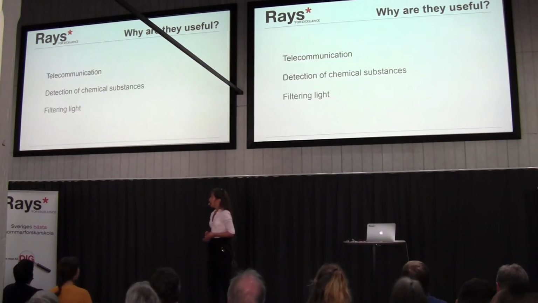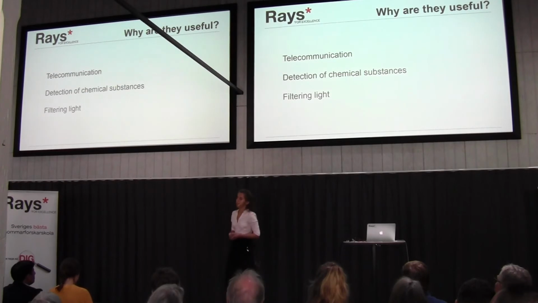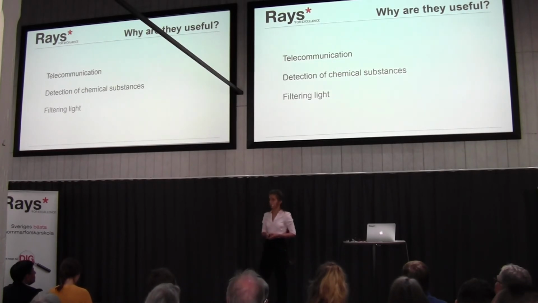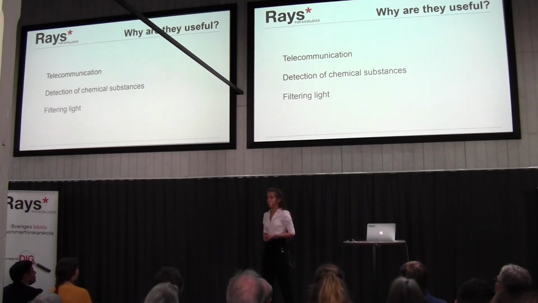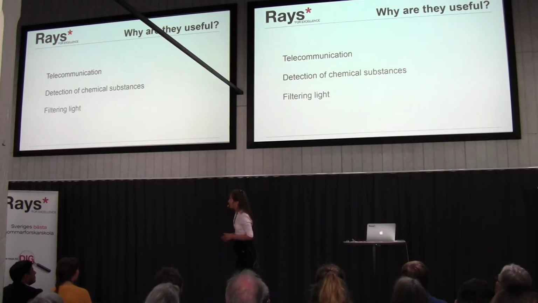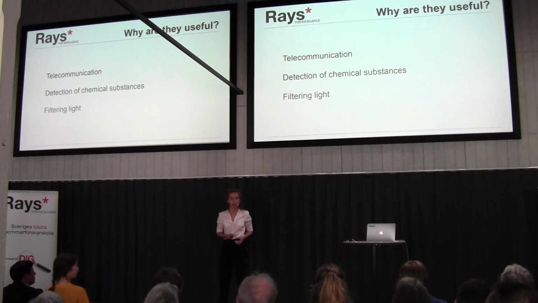But in a more general case, what are ring resonators useful for? As I told you in the beginning, they can be used for telecommunication, but they can also be used for many other different areas, such as detection of chemical substances. And that's because these rings are very sensitive. So if there are any substances on the surface of the ring, the light will escape much more easily, and therefore we will have higher losses.